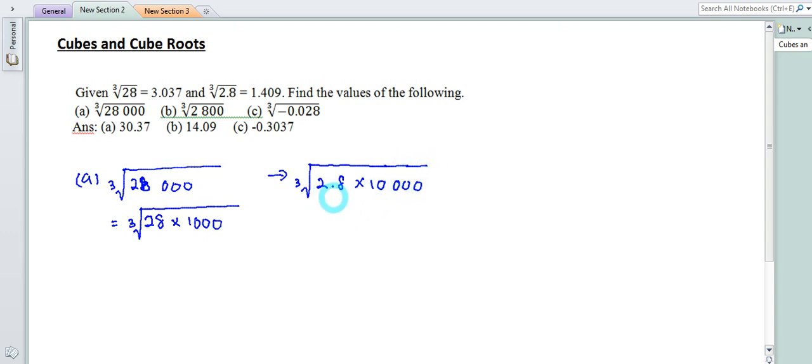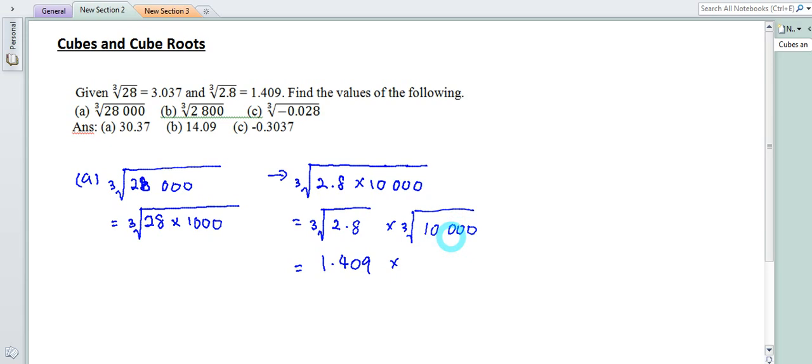Okay, and this actually has some problem here if we don't want to use a calculator. We can separate them like the square root, cube root, the same thing, we separate them. The problem is now here, no problem, we know cube root of 2.8 is equal to 1.409, but the problem is how to get the cube root of 10,000 here.